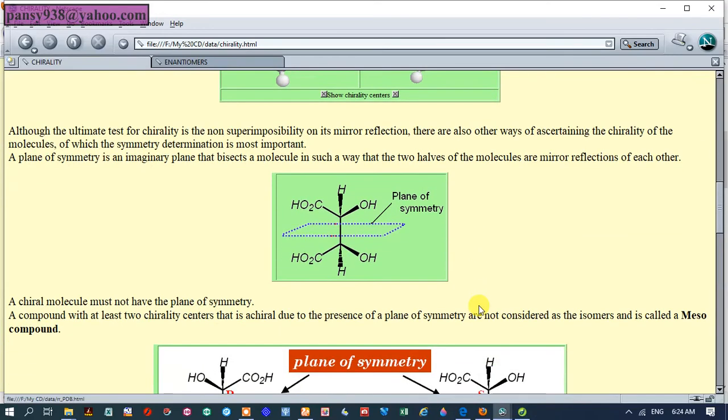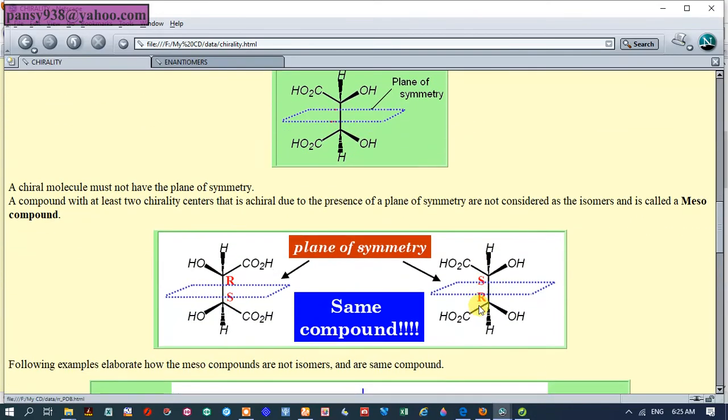And a compound with at least two chirality centers that is achiral due to the presence of a plane of symmetry is not an isomer, and it's called a meso compound.